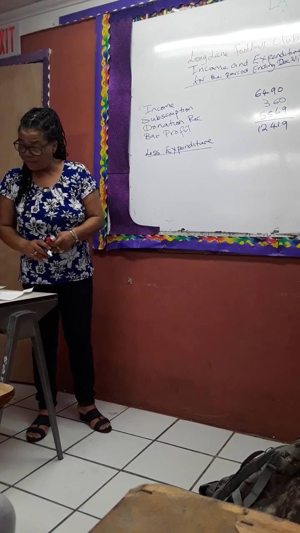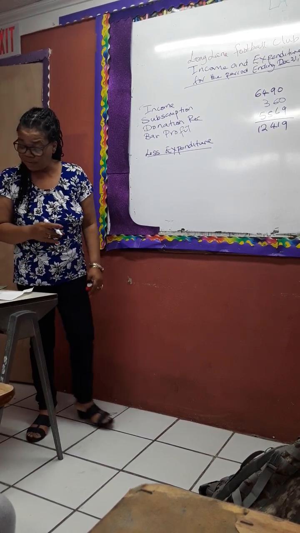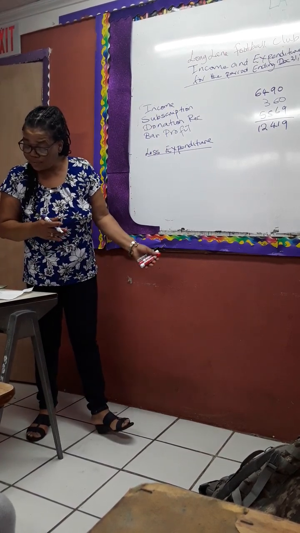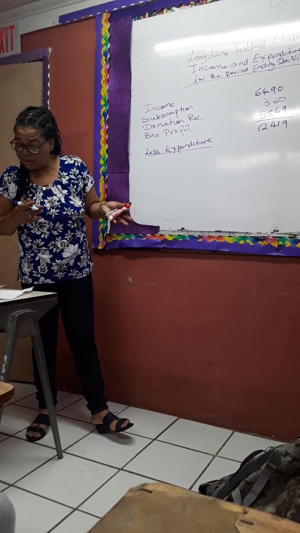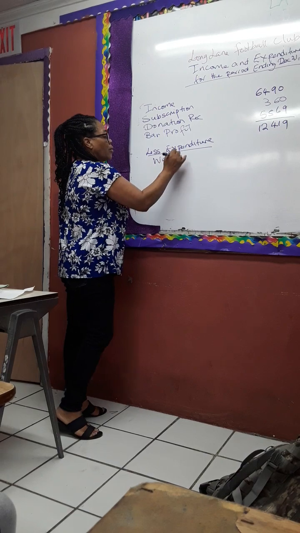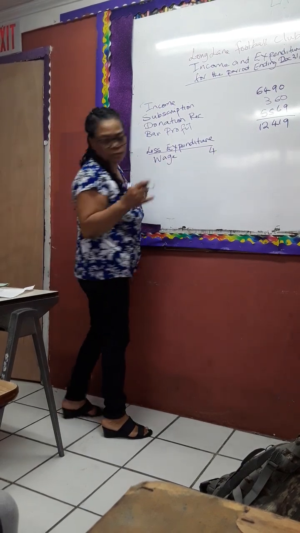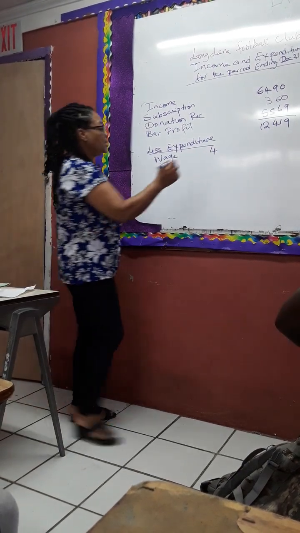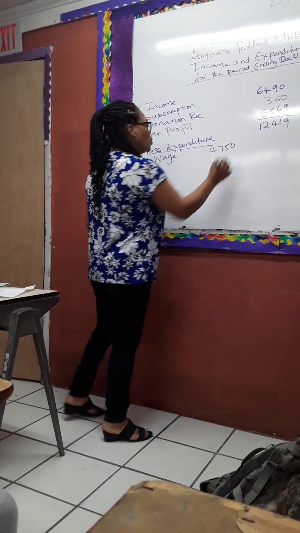Wages of bar staff is 4,750. I'm going to look up the top to see if there was anything owing or prepaid. Nothing. So wages are 4,750. What else do we have?